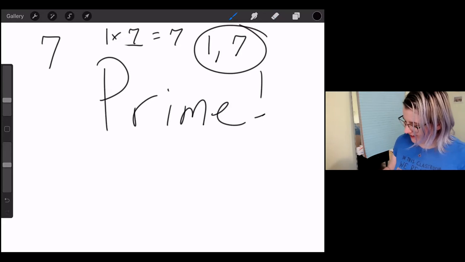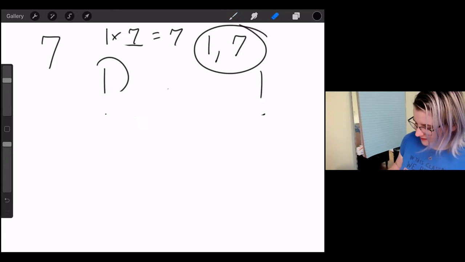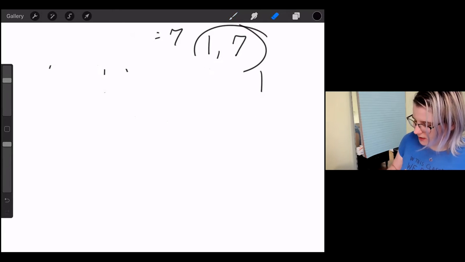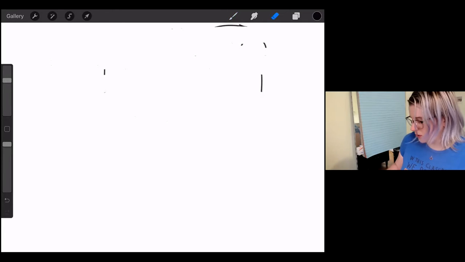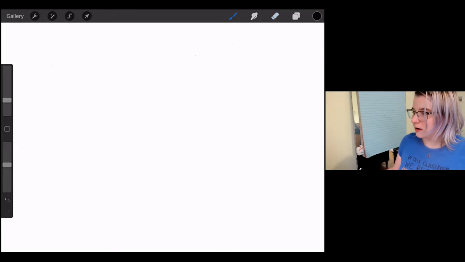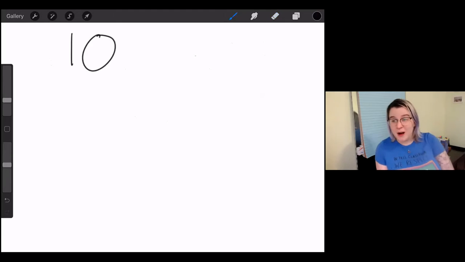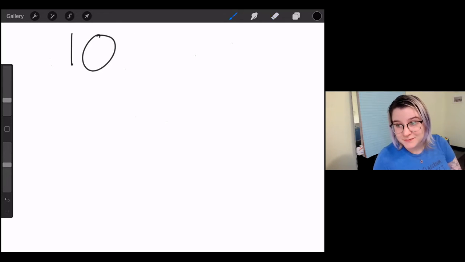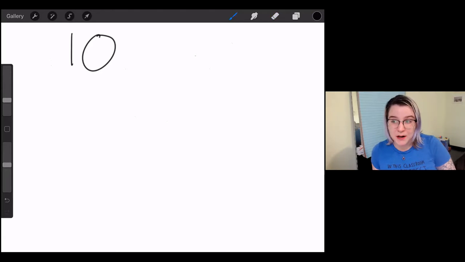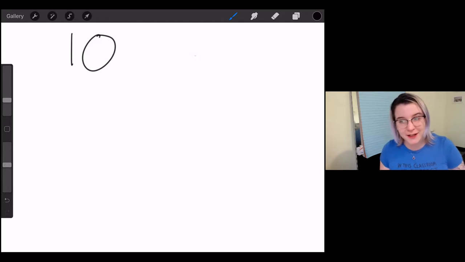It is prime. Woo! All right, let's take a look at another one. What about 10? Is that prime or composite? Now you can go through what I just did and multiply every number, but I'm not even asking you to list the factors right now. I'm just asking you to tell me whether it's prime or composite.